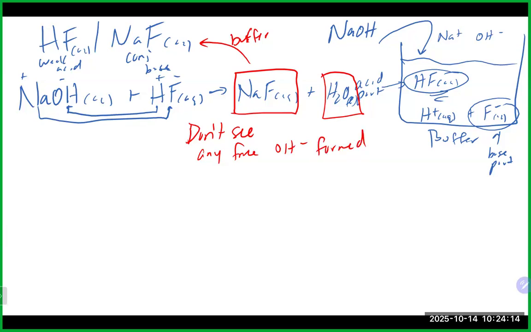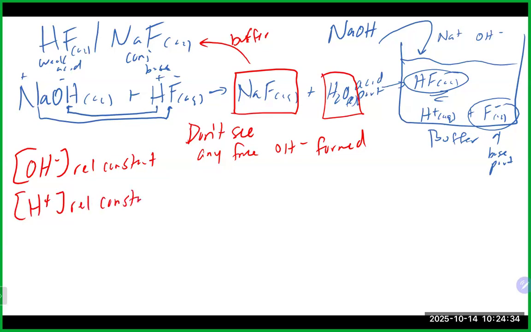And that's really important because the OH minus concentration remains relatively constant. And because OH minus and H plus are related to each other, right? As one goes up, the other goes down. That would mean that since my OH minus didn't really move all that much, the H plus concentration will remain relatively constant. And that will then give us a relatively constant pH as well.